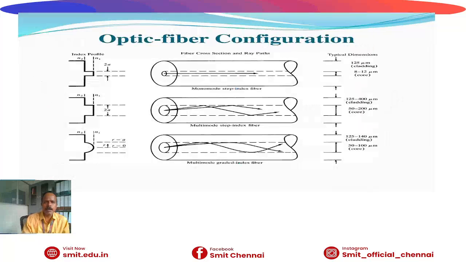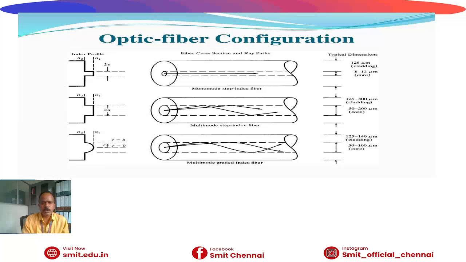Basically, based on optical fiber communication, there are commercially three types of optical fiber cable prevalent. The first is monomode step index fiber. The second is multimode step index fiber. The third is multimode graded index fiber. You can see the refractive index profile, and from that we can make the classification.